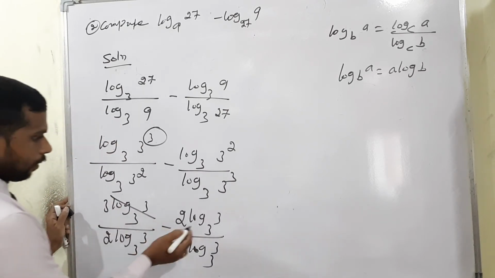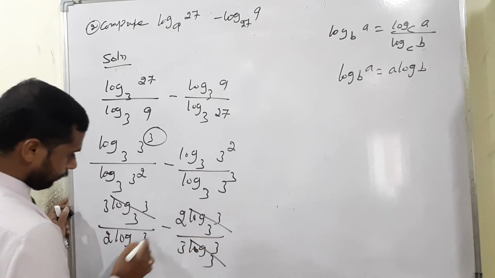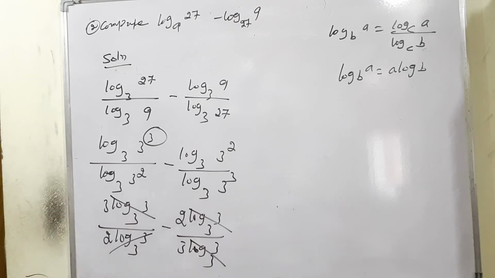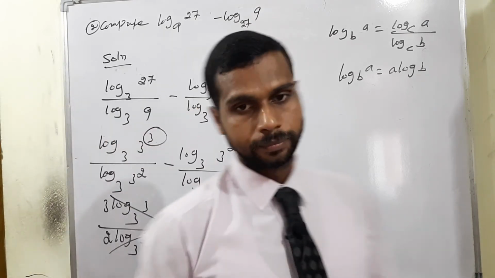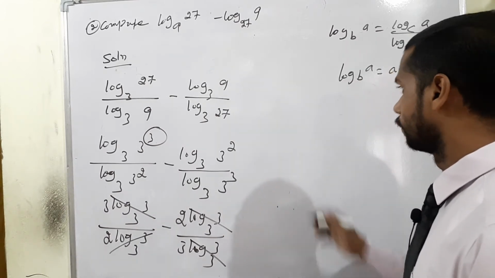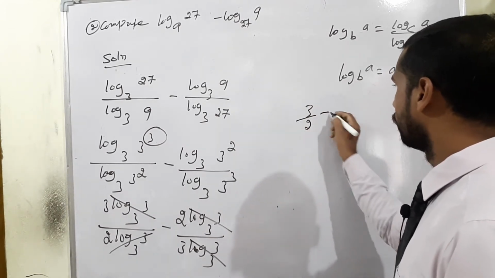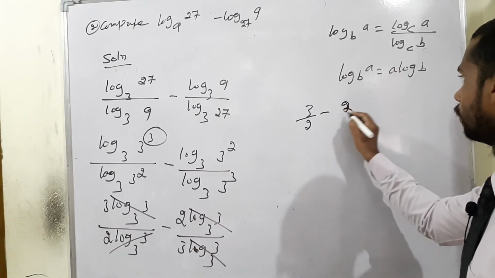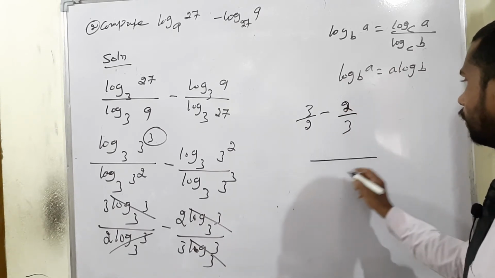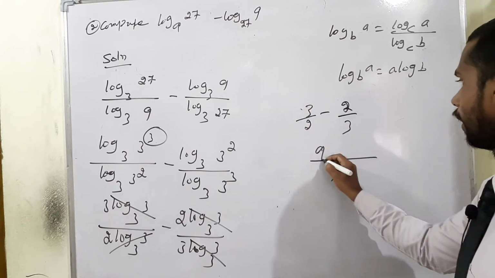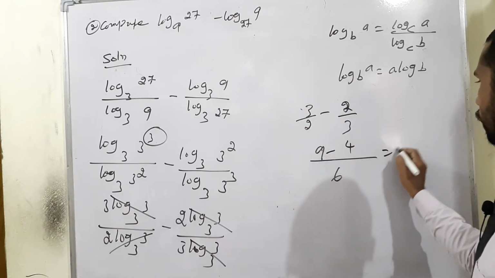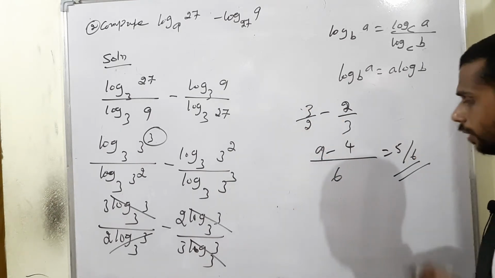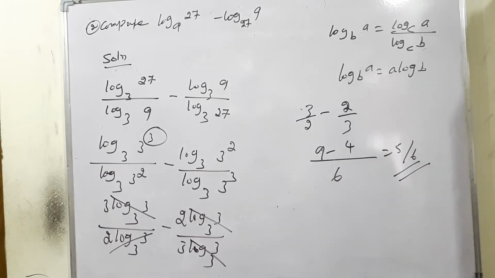So now everything cancels. Remaining is the term 3 by 2 minus 2 by 3, isn't it? 3 by 2 minus 2 by 3. The common denominator is 6: 3 threes are 9 minus 2 twos are 4. The answer we have is 5 by 6. Okay, I will continue to the next question.